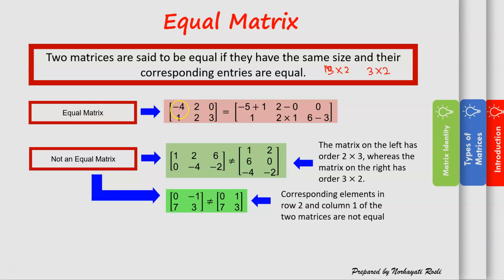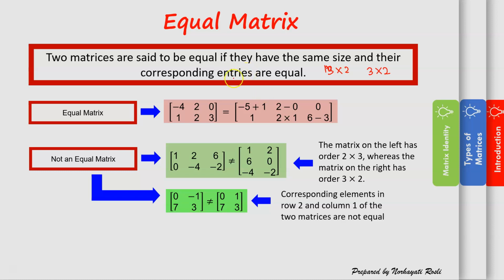We can see here -4, and for this one -5 plus 1 you will get -4, so the element is equal. Here also 2, 0, so the first row elements are equal. For the second row you also have the same elements, so in this case the entries are equal.